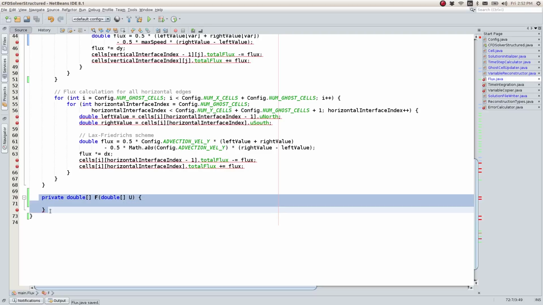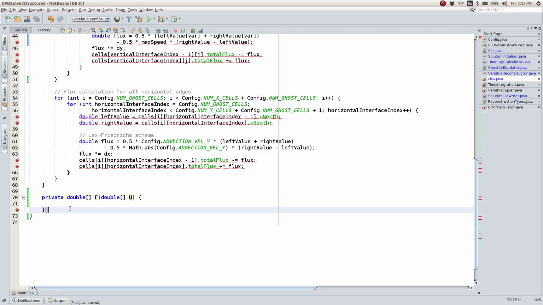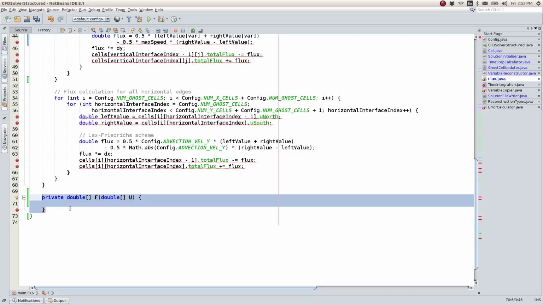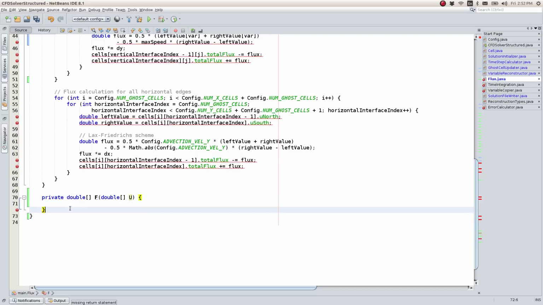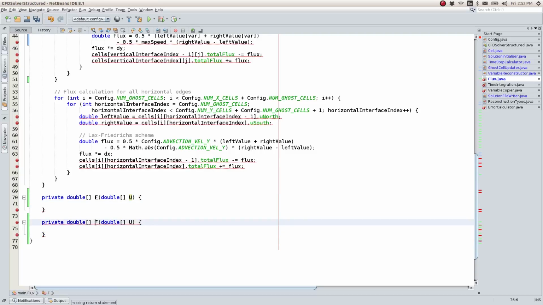Similarly, I will also need g, which will again take u and return g. So this is going to be, can I directly do it and return? Okay, let's not do that.